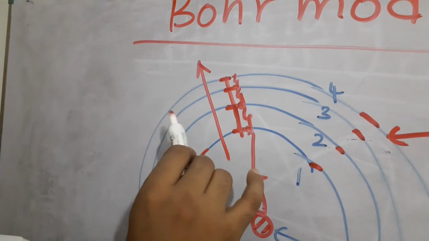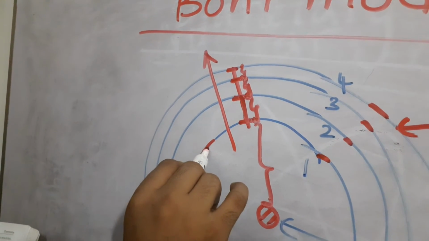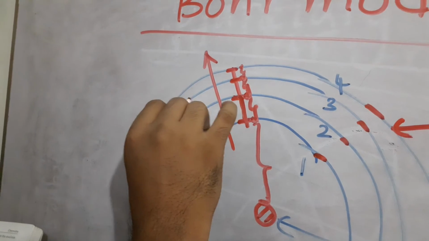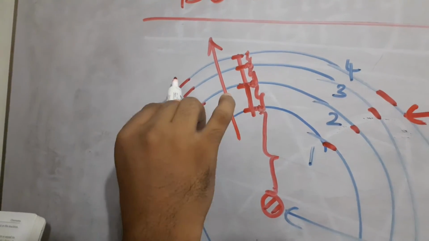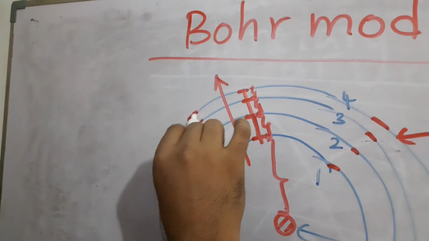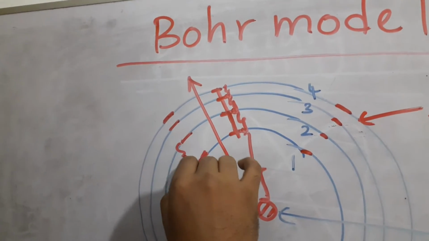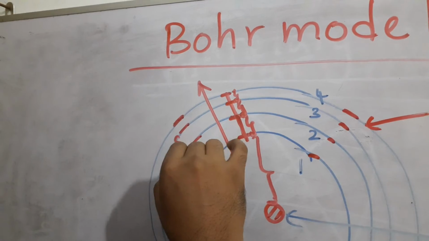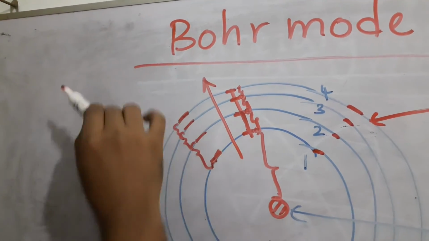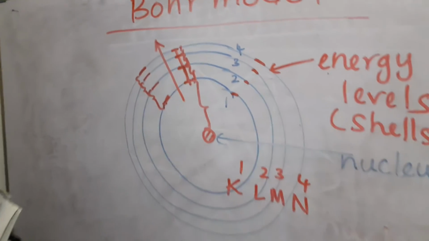The lowest energy is here and the highest energy is here, but the gap decreases while energy increases. That is very important.